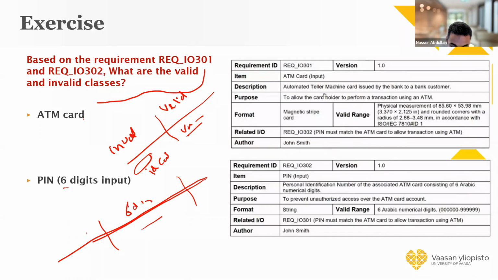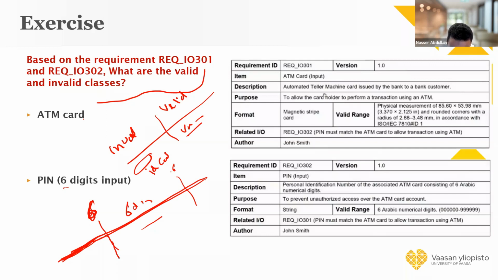We have any partition that is less than 6 digits, for example 0 digits. Someone may key in only 4 digits, 5 digits, so less than 6 digits.